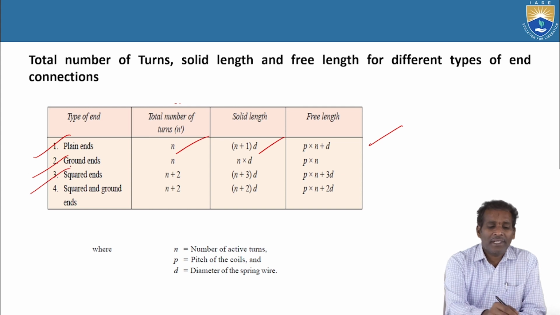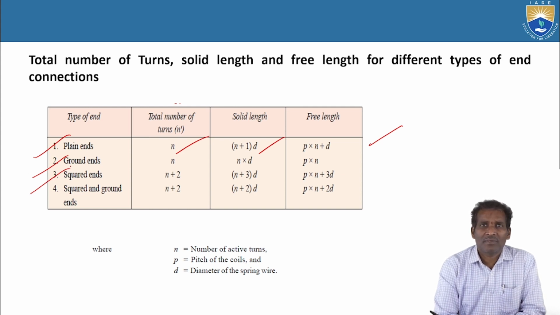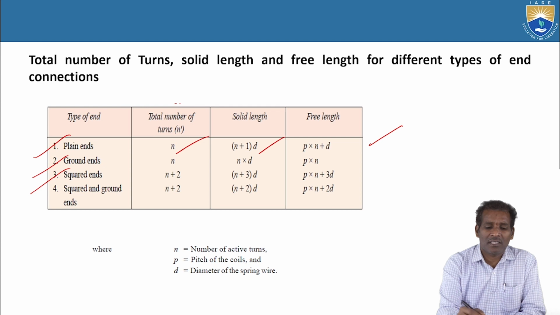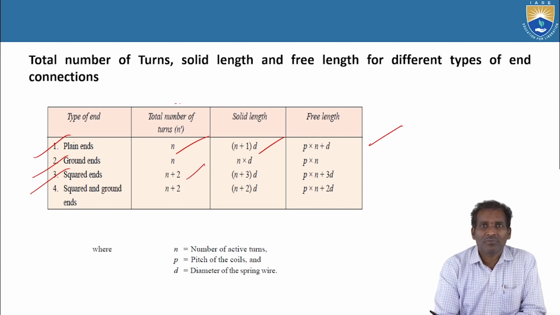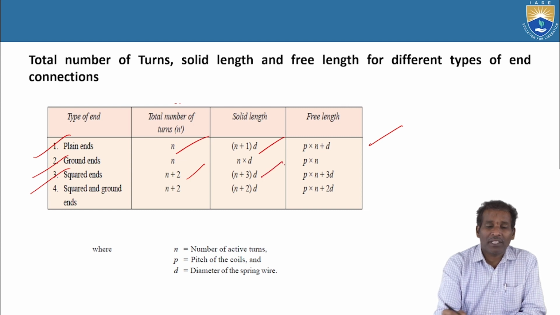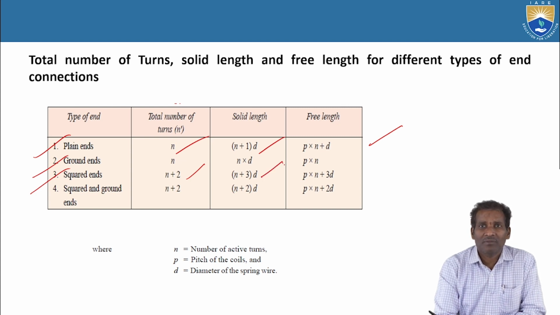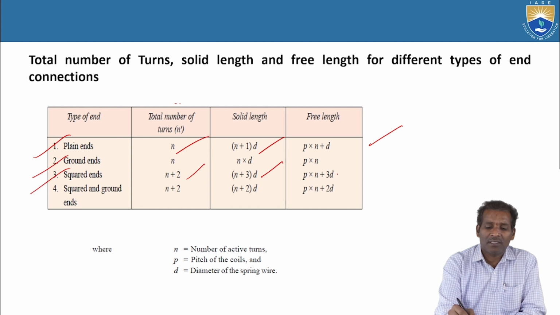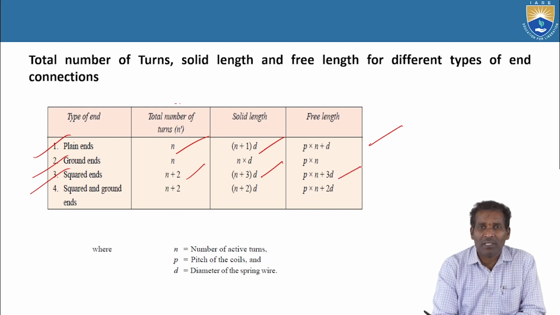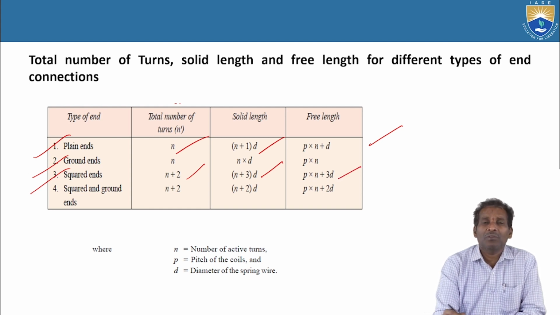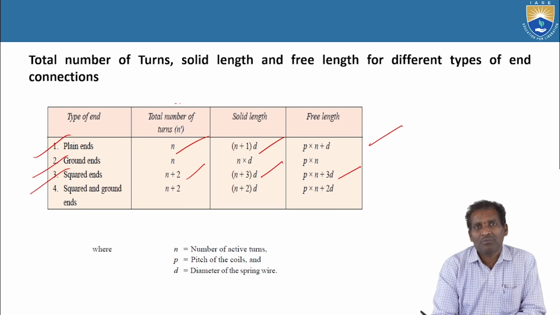Next one is the squared end. The total number of turns in this case is n plus 2. Solid length is n plus 3 multiplied with d. And the free length is pitch multiplied with n, plus 3d. So you must remember this table.